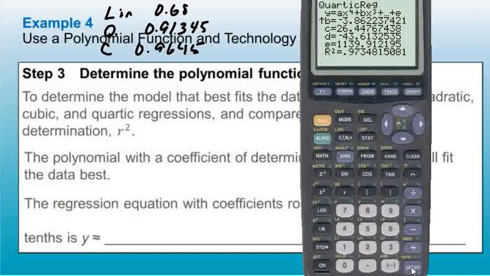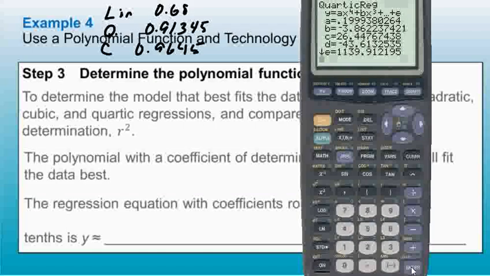So if it's quartic, we will look at our A, and it tells us our equations. So we need it to the nearest tenth.